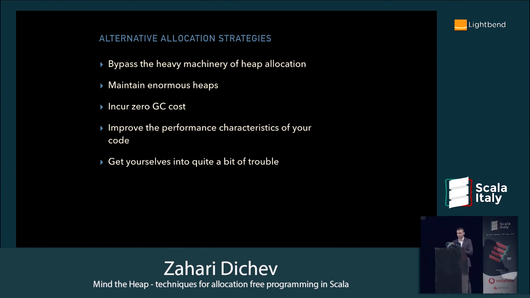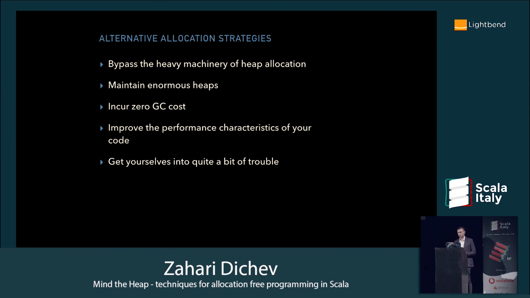You can completely bypass the heavy machinery of heap allocation and maintaining all of that data there. That can allow you to maintain pretty huge heaps and incur effectively zero GC cost. Of course, as a result, you improve the performance characteristics of your code, but you might also get yourself into quite a bit of trouble.